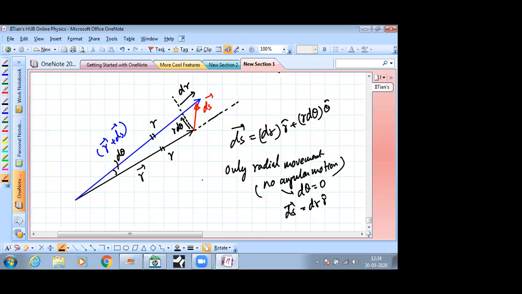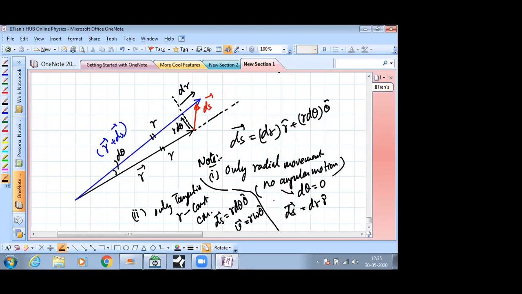Whereas if we had the case of only tangential motion, that means r is constant. That is circular motion. In circular motion, the differential displacement is r d theta. That's why the velocity is r omega. But in general curvilinear motion, that becomes this.